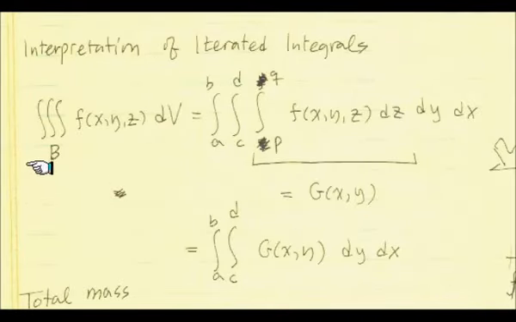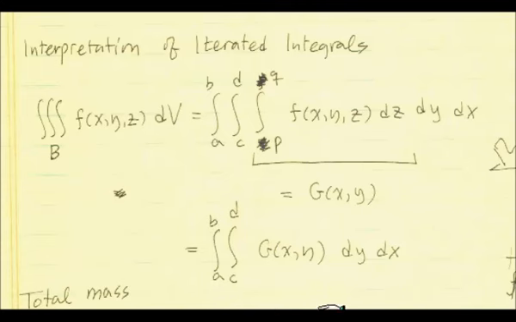So again, the meaning of the triple integral is the mass of the volume B, where the f inside represents the density function. To calculate that, you usually consider this triple iterated integral. The first thing we do is integrate the inside function, and as we do that, it changes to a double iterated integral.